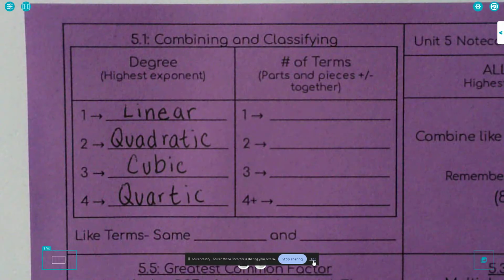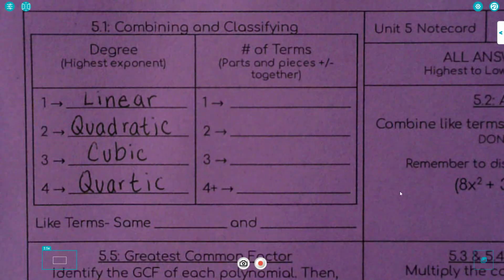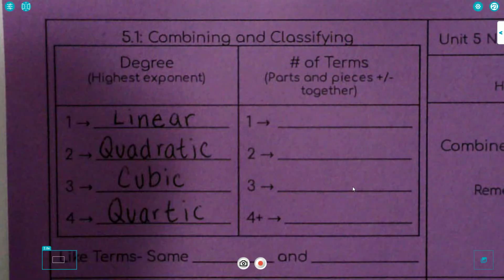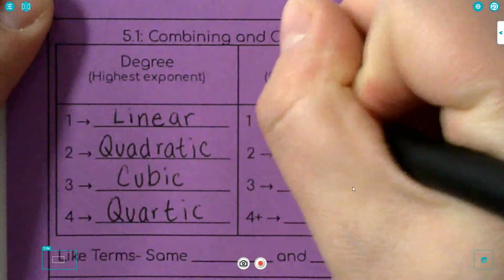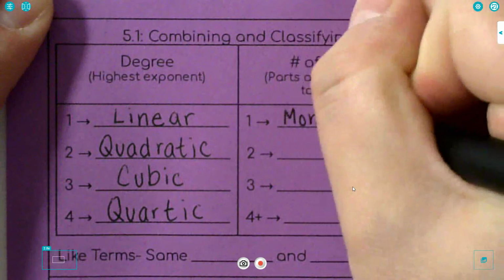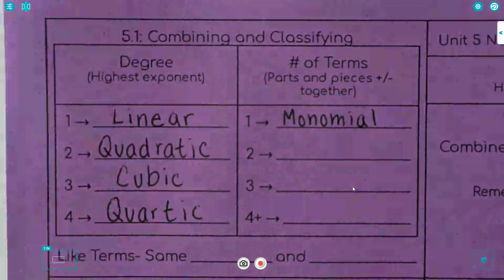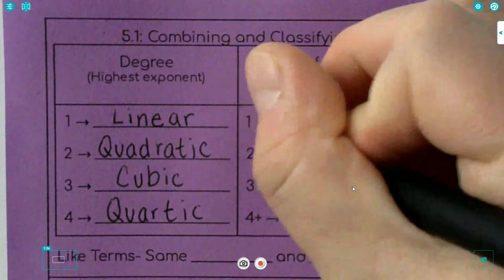And then we can also classify based off of number of terms. One term is a monomial. Two terms is a binomial.